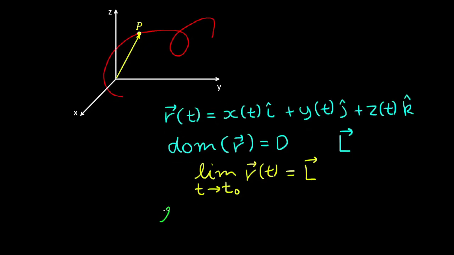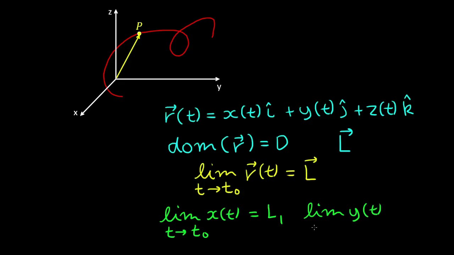when the limit of x(t) as t approaches t0 is equal to the first component of L, which we'll call L1, and similarly the limit of y(t) as t approaches t0 is equal to L2.